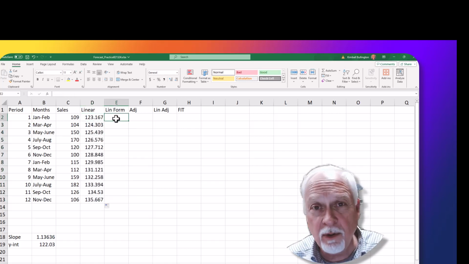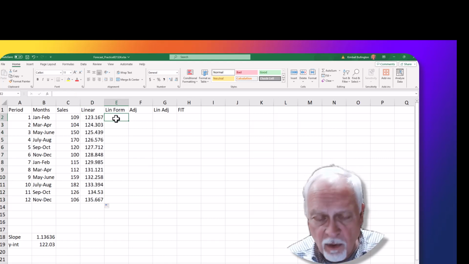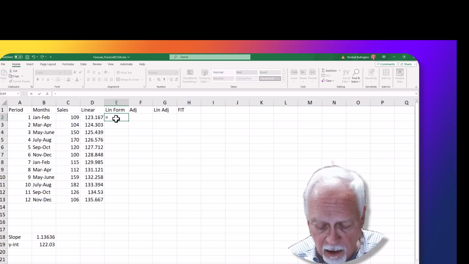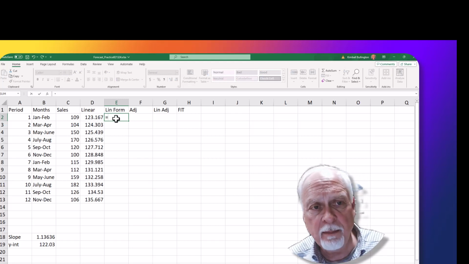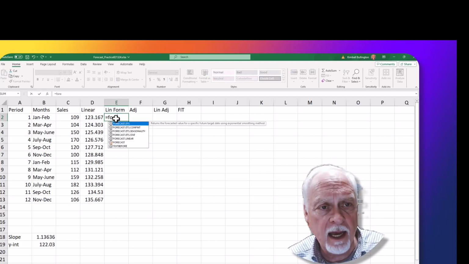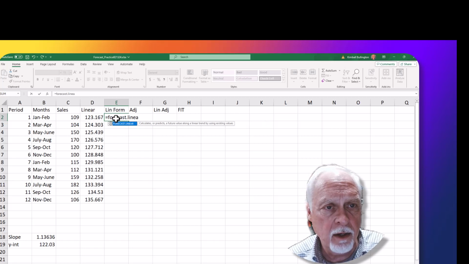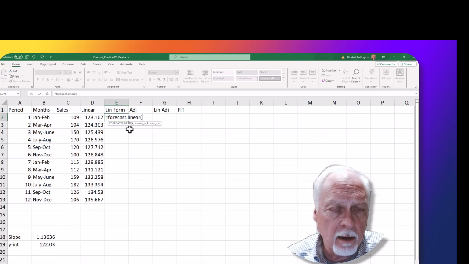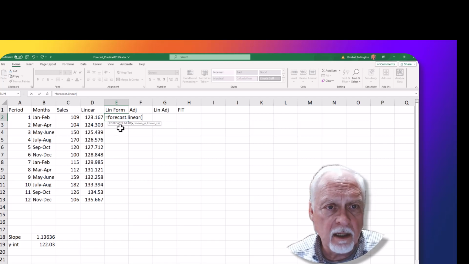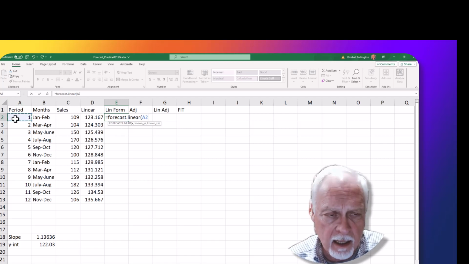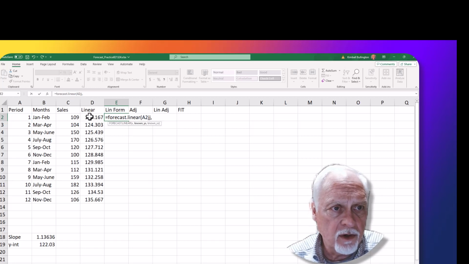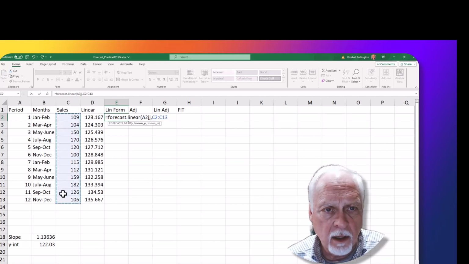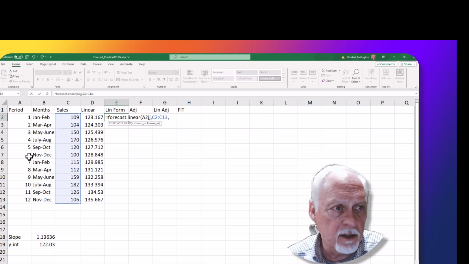Now I'm going to do it again with the other formula, where you don't calculate the slope and intercept separately. So FORECAST.LINEAR, and again it asks for an x, which will start here, and then known y's, which are here on the sales, comma, and then the known x's, which are all of these.